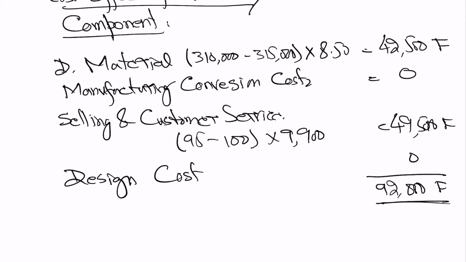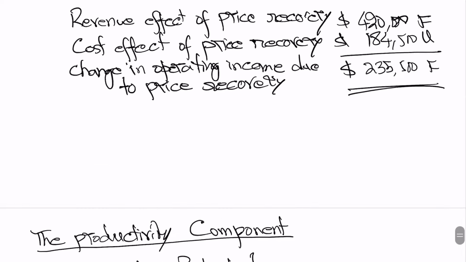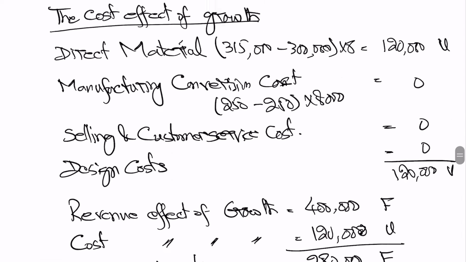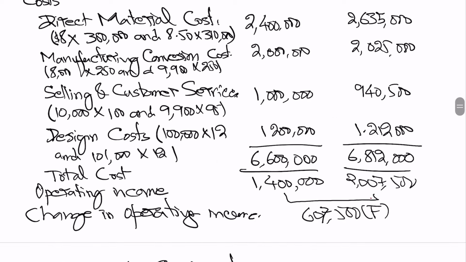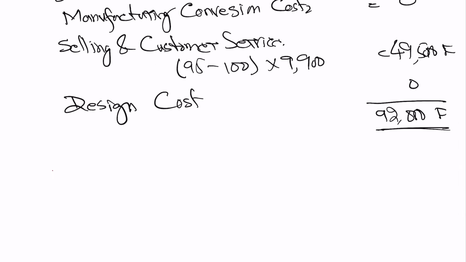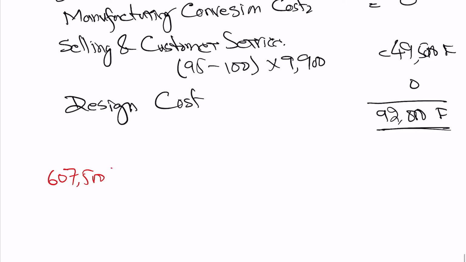Now we can do the analysis. If I use a different pen color, the first thing is our change in income, on one side, 607,500, that's a favorable change.